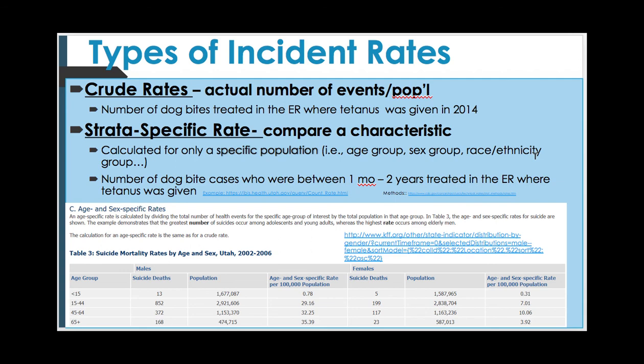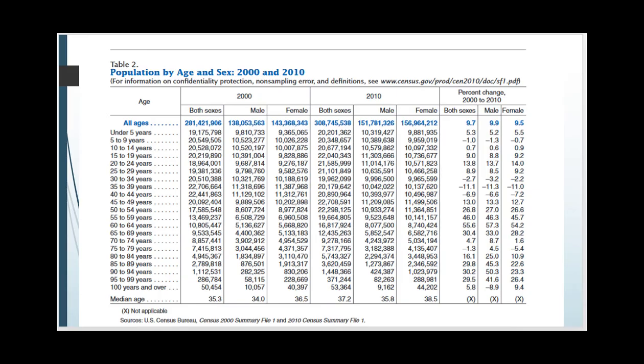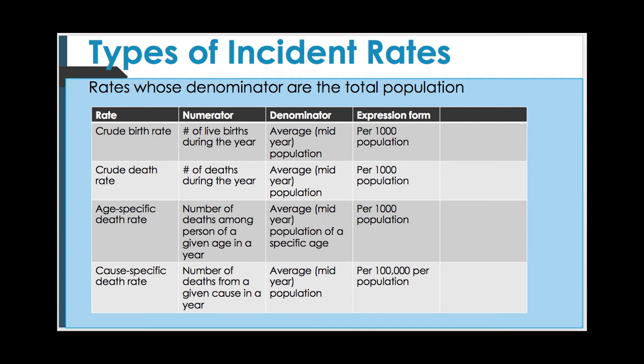And it really is quite disturbing, the suicide rate by gender, if you look at the 65 and plus category, that male rates are significantly higher than our female rates. If there are differences in population, then we would use an adjusted rate. And we'll talk a little bit more about adjusted rates later.